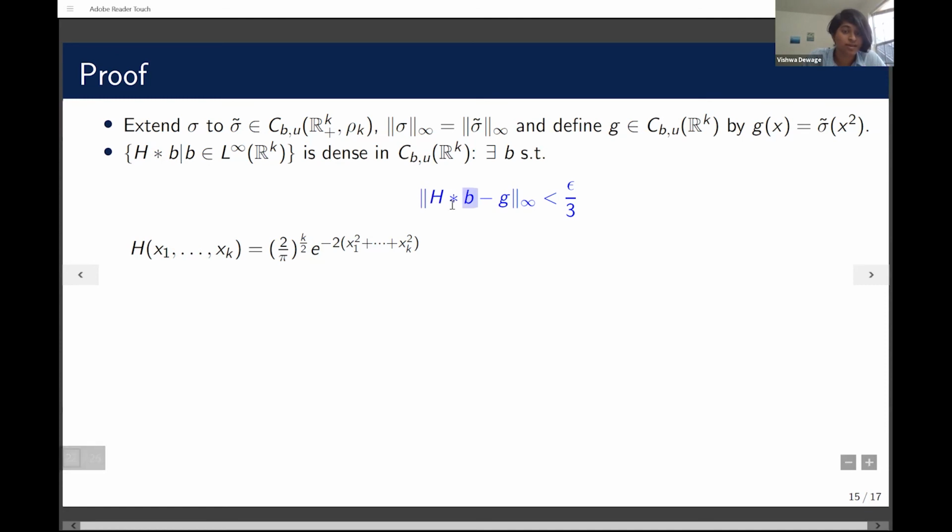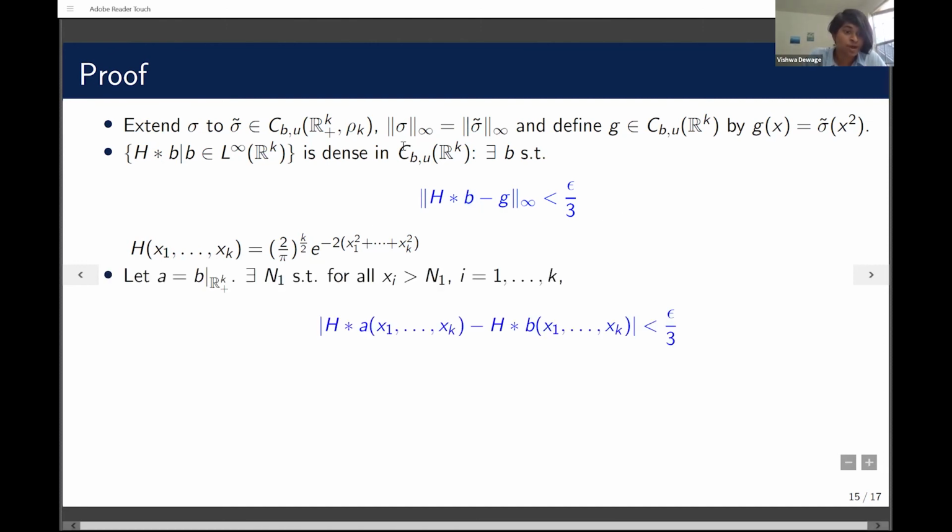So we can say that there exists B such that the sup norm of H star B minus g is less than epsilon over 3. Then we restrict the function B to R plus K, and we also have control, H star A minus H star B less than epsilon over 3, when xi is bigger than n1 for all k.